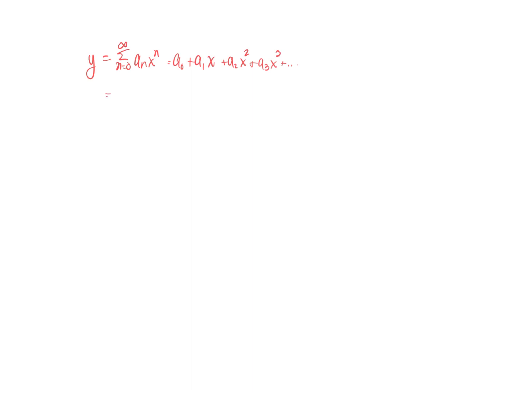Well, in our case, that means we have a naught plus a1x plus now a2. If you'll remember, that is our negative 10 a naught. So we have plus here a negative 10 a naught times our x squared plus a3, which was our negative 2 a1 x cubed.